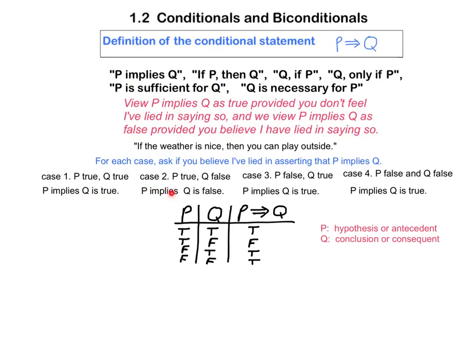So these four cases illustrate, and this truth table illustrates, that the only time the conditional statement P implies Q is false is when the hypothesis is true and the conclusion is false.